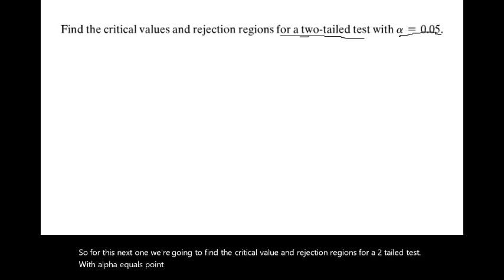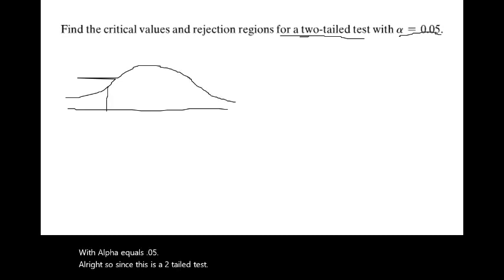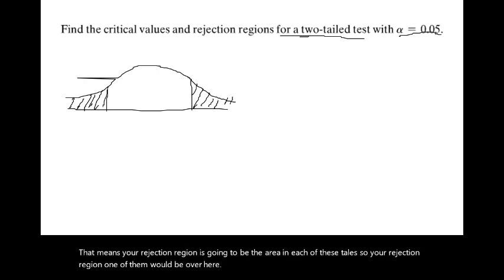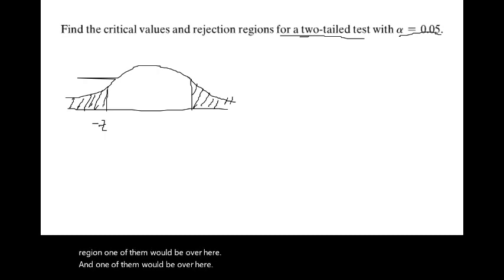So for this next one, we're going to find the critical values and rejection regions for a two-tail test with alpha equals 0.05. Since this is a two-tailed test, your rejection region is going to be the area in each of these tails. One of them would be over here, and one of them would be over here. Since this is a two-tailed test in a standard normal distribution, these two critical values are exact opposites.